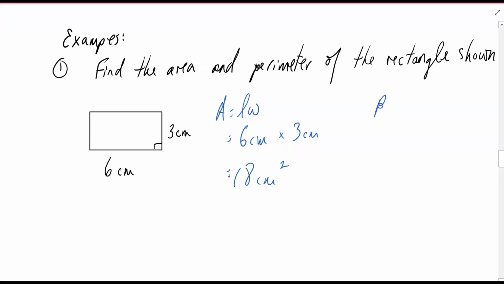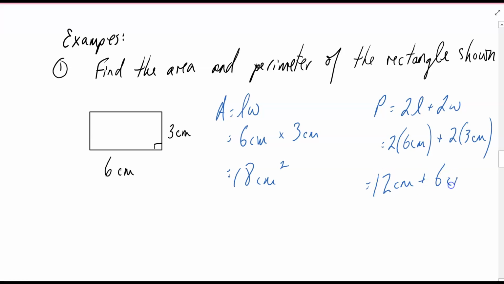The perimeter is 2 times the length plus 2 times the width, which is 2 times 6 centimeters plus 2 times 3 centimeters, which is 12 centimeters plus 6 centimeters, which is 18 centimeters. I did not intend for those to be the same number. That is purely a coincidence.